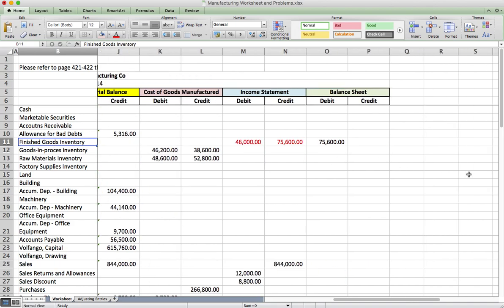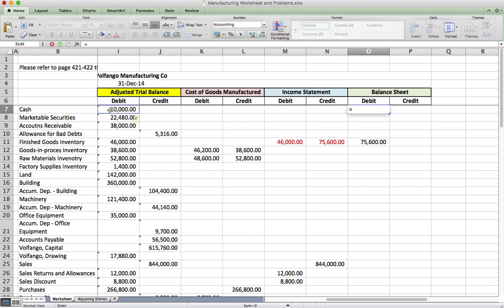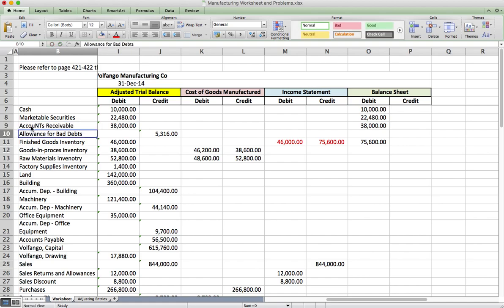Okay, now let's go to the balance sheet. So, balance sheet, kopyahan natin yung adjusted balances. Cash, then marketable securities, and then accounts receivable. Mali pa spelling na accounts receivable. And then, allowance for bad debts, credit. Diba?